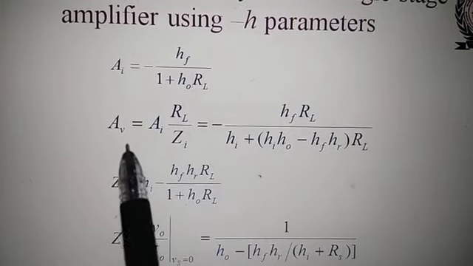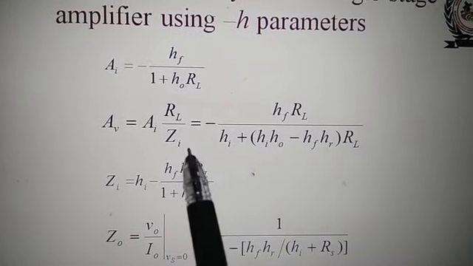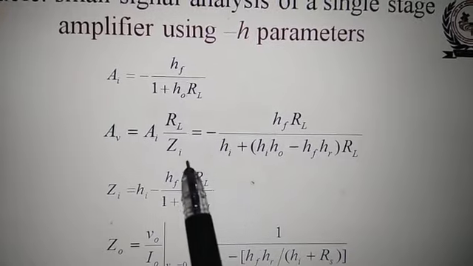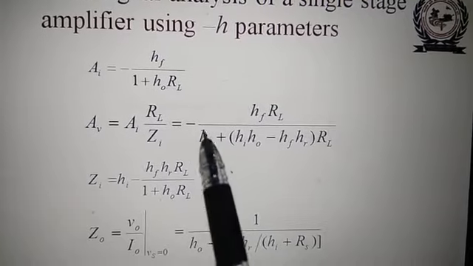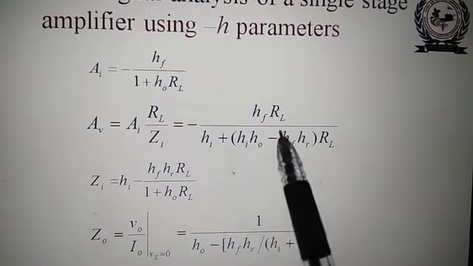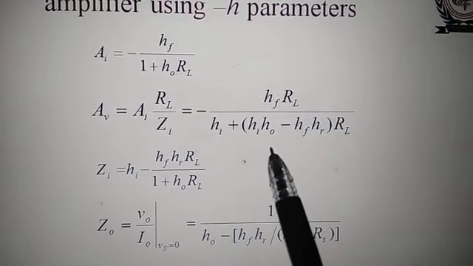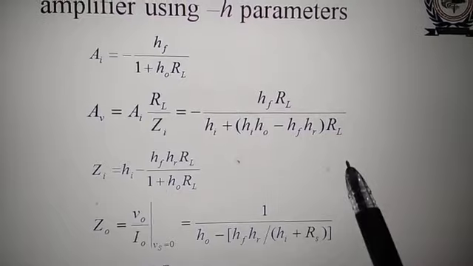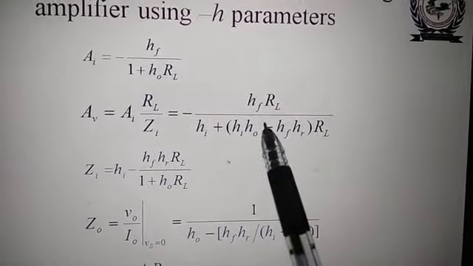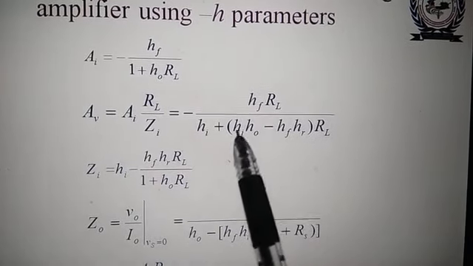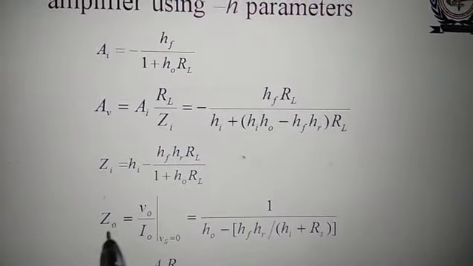Similarly, voltage gain without source is AI into RL upon ZI, where RL is the load resistance, ZI is the input impedance, and AI is the current gain. So this is equal to minus HF into RL upon HI plus HI into HO minus HF into HR into RL. You can put the suffix according to the configuration; for common emitter, HFE, HIE, HOE, HRE, like this.